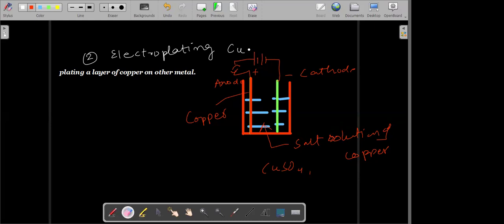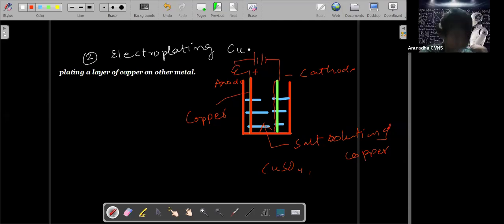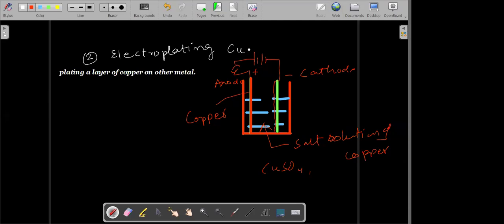So slowly what will happen? Slowly the copper will get deposited over here on the surface of the cathode. Got it? Yes, students, is it clear? Yes, sir. How it gets deposited, we'll see its mechanism in the next class. The solution contains the ions of copper.